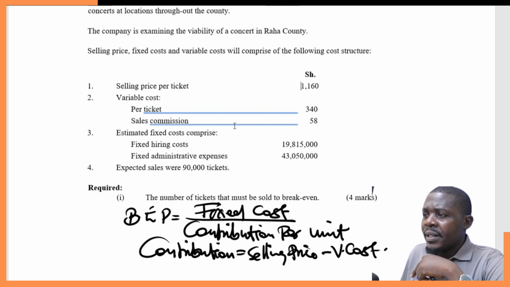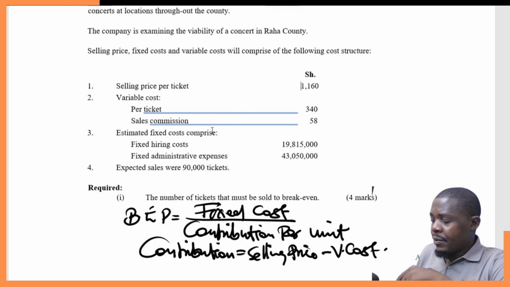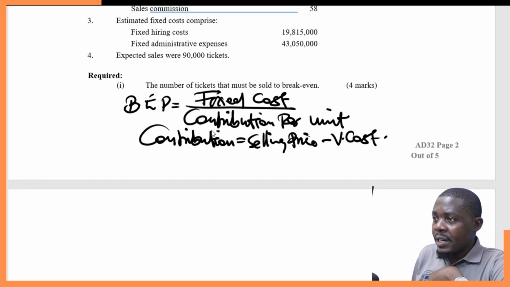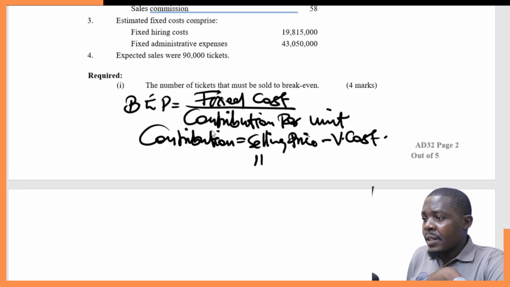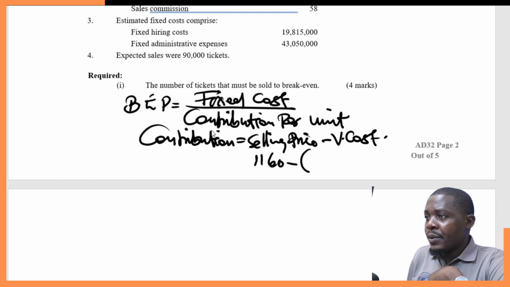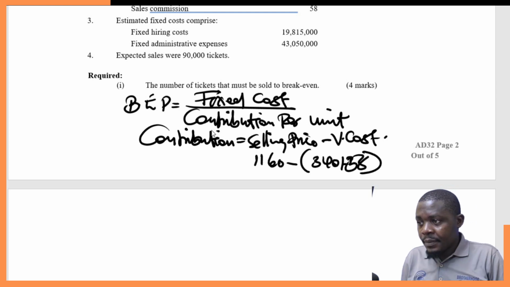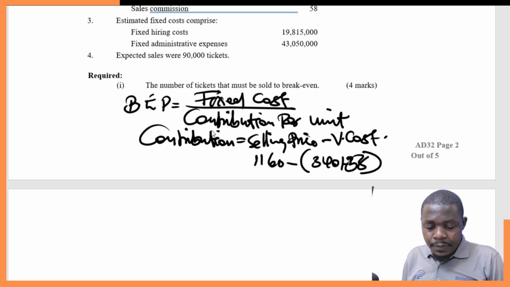Therefore we can determine our contribution. We have 1,160 minus the variable cost. We have 340 plus 58. 1,160 minus, in brackets, 340 plus 58. We get contribution as 762.